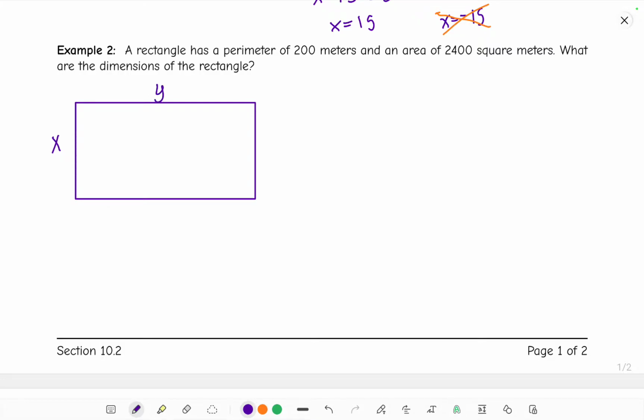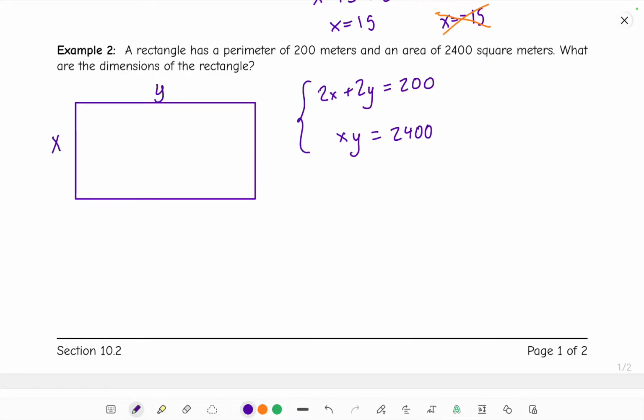Well, the perimeter of a rectangle is adding up all its sides, so 2x plus 2y. And the reason for the 2's is because there are 2 widths and 2 lengths. And that has to equal 200. And then the area of a rectangle is length times width, so x times y equals 2,400.